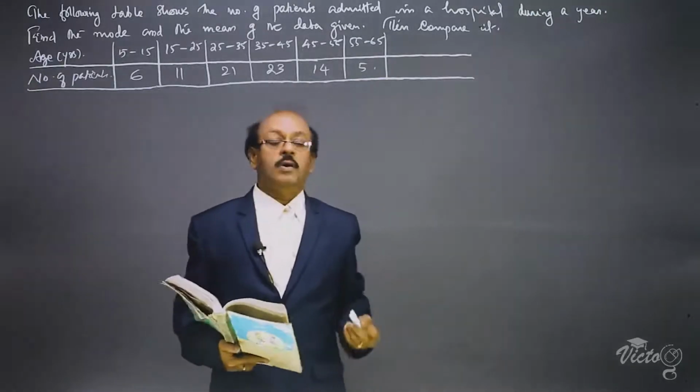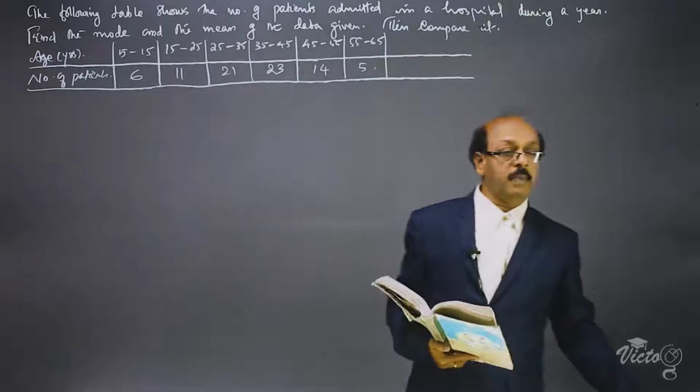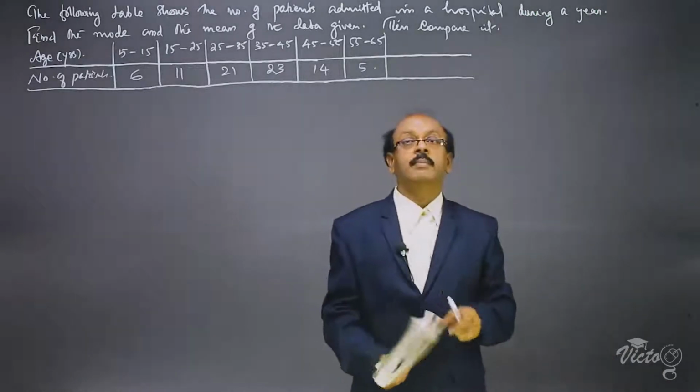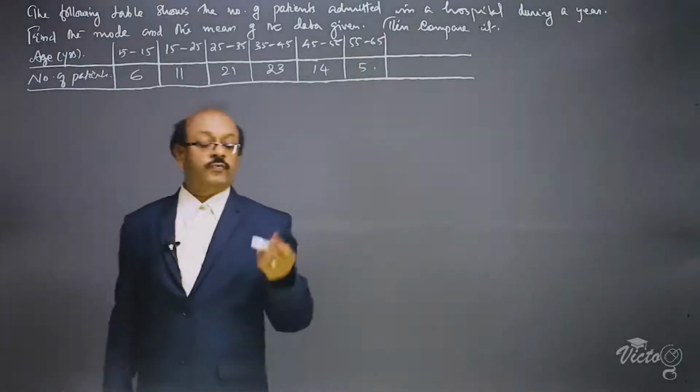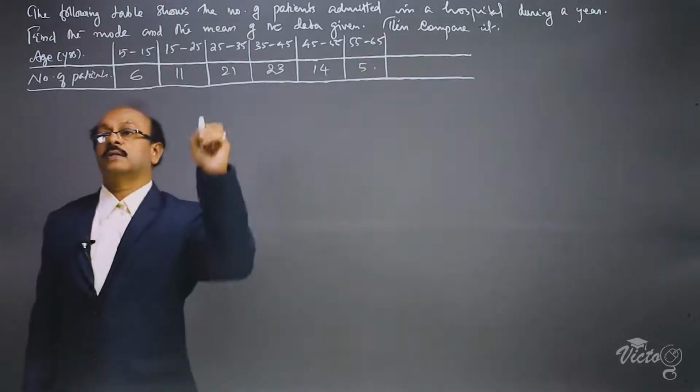This is the given observations. We have to find the mean and the mode for these same observations. So, change it as class interval and frequency. First column, class interval: 5-15, 15-25, 25-35.